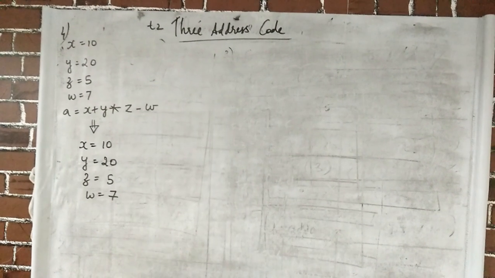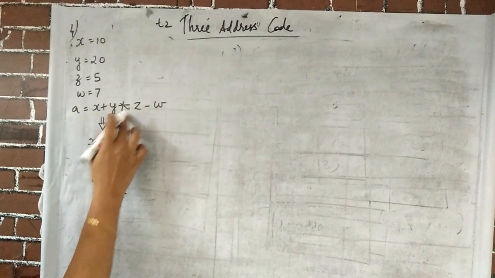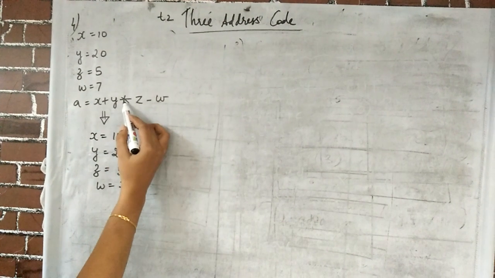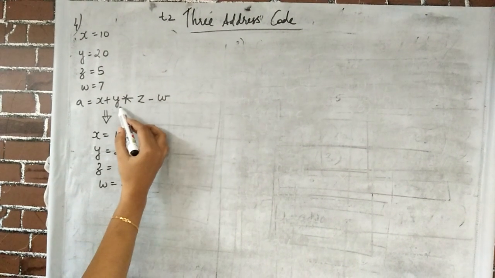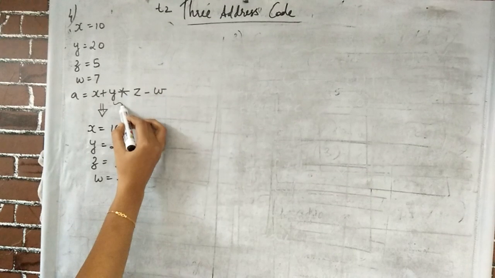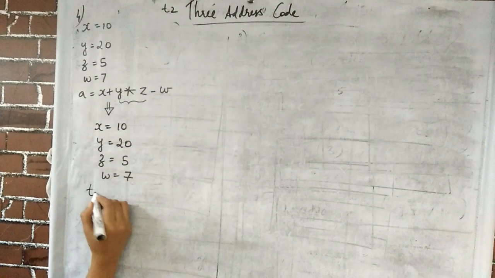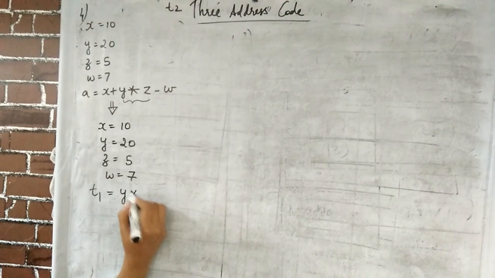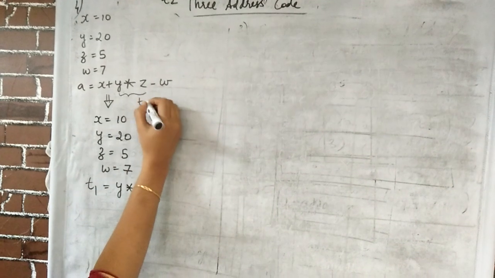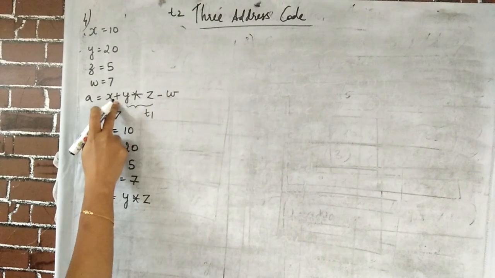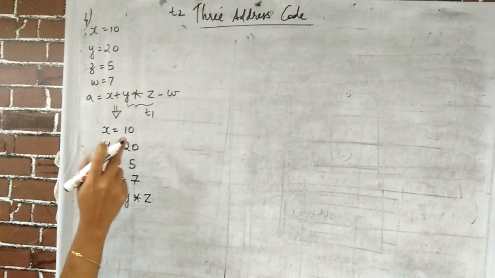Right? Now, considering this statement, here you have plus operation, star operation, minus operation. So higher precedence is for the star operation. So compute it. T1 is equal to Y star Z. So this is available in T1. Next you have plus operation and minus operation. Both are of same precedence.